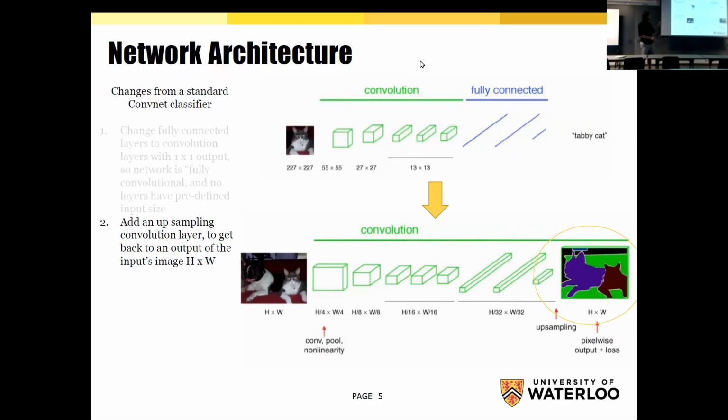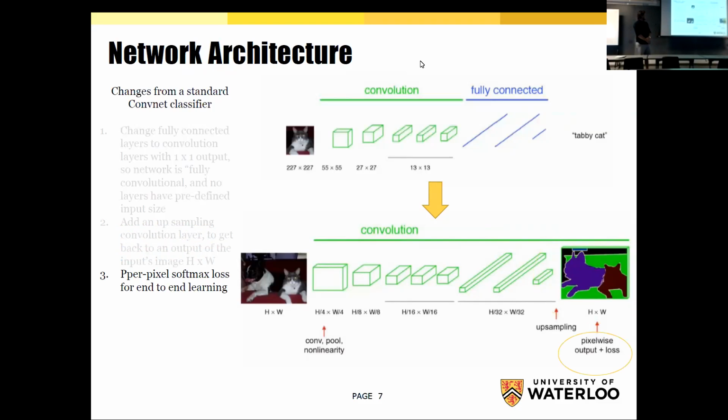The next thing they did was add an upsampling layer at the very end to upsample back to the original size of the input. And the last is a softmax loss on every single pixel so that they can train the whole network end to end. So that's the general idea.